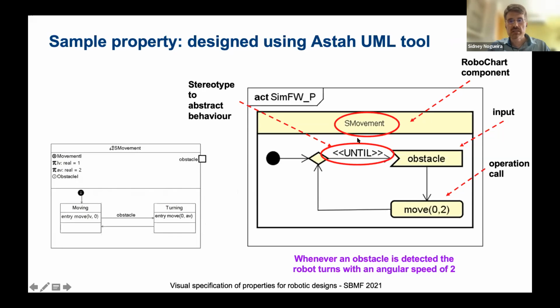So this is a sample property in the language. Intuitively, whenever an obstacle is detected, the robot turns with angular speed of 2. That's what these operations say.